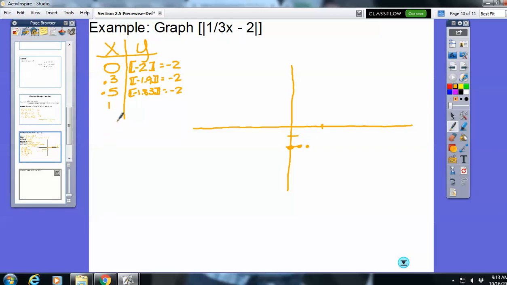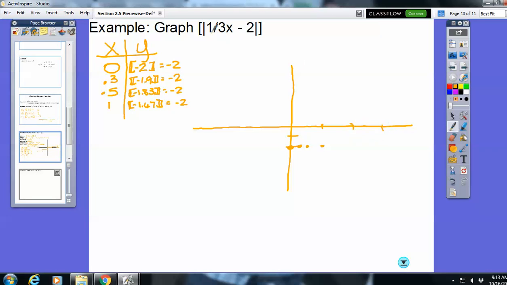What happens if I put in a 1? One-third times 1 minus 2 is negative 1.67. What's the greatest integer of that? Still negative 2. So we have to go up to 3.